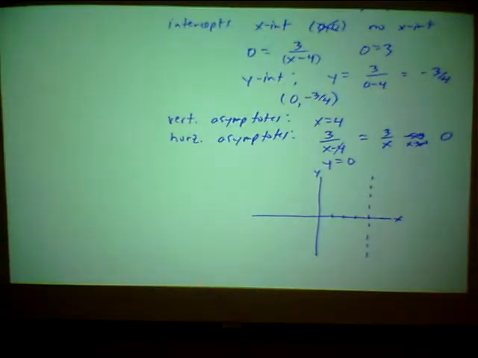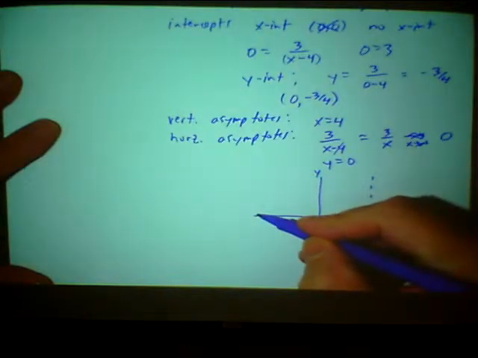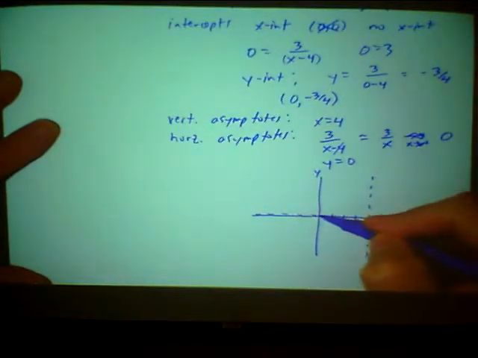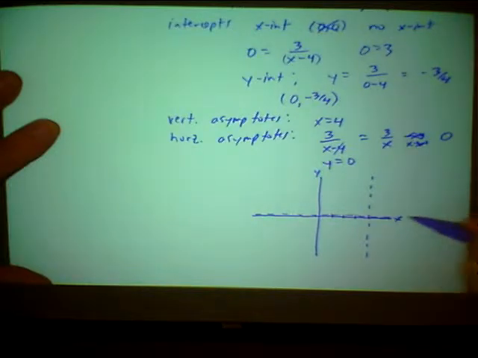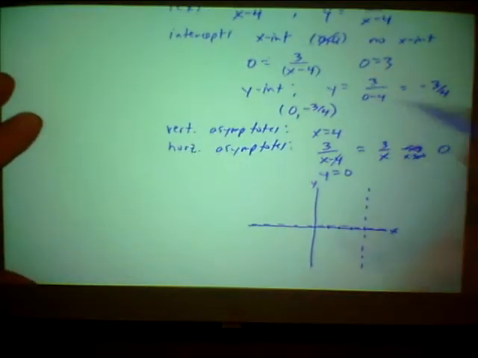And then I have a horizontal asymptote at y equals 0. Let's draw that in for now, even though it doesn't impact my sign chart. And just for fun, let's go ahead and draw in our y-intercept, 0, minus 3/4.